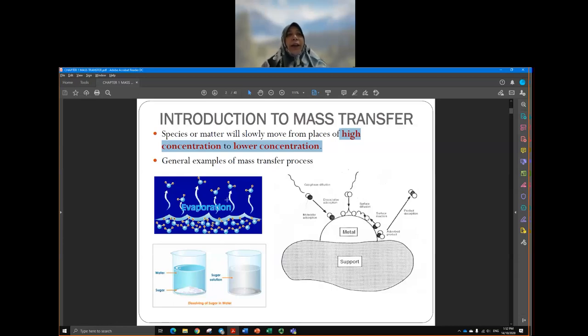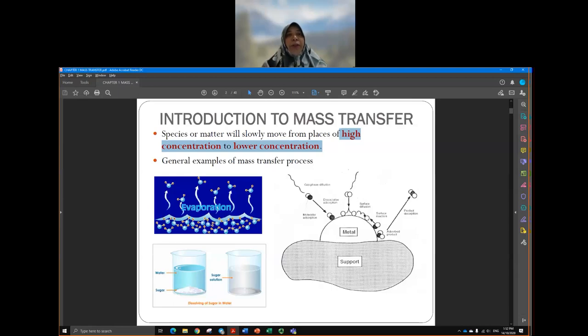We have one example here. If you look at this picture, evaporation is also a process of mass transfer. You can see the small particles move through the air based on the mass transfer concept. Down here, you have a high concentration of water molecules.